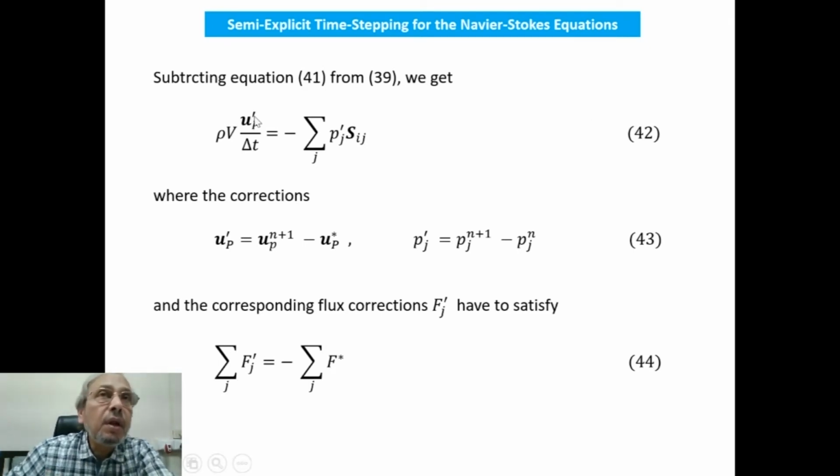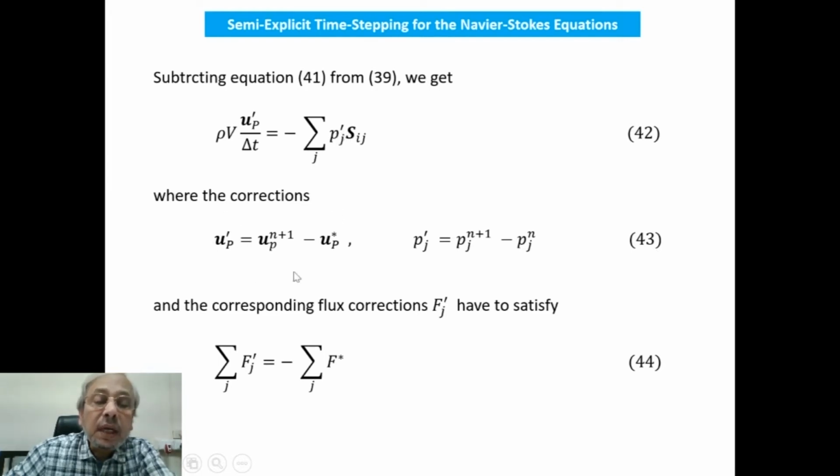If we recall, in the MAC or SIMPLE algorithm, we used the superscript c. Here we have used prime. So this is velocity correction, and similarly the pressure at level n plus 1 minus the pressure at level n gives p prime. This is also synonymous with pressure correction.